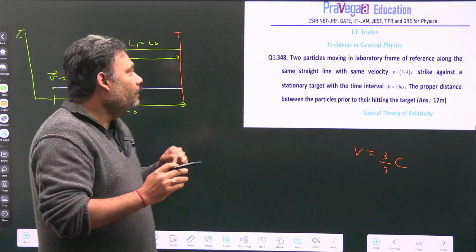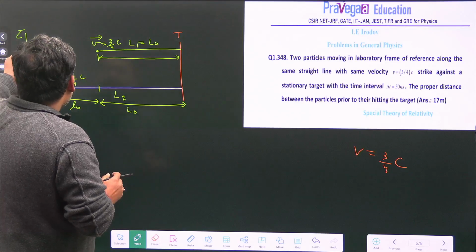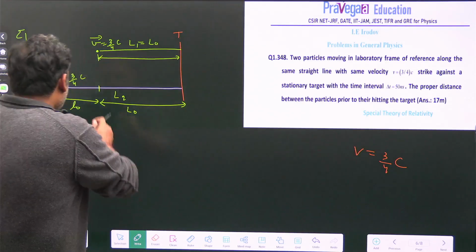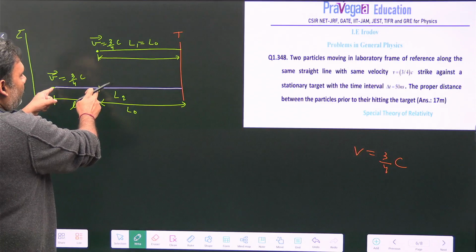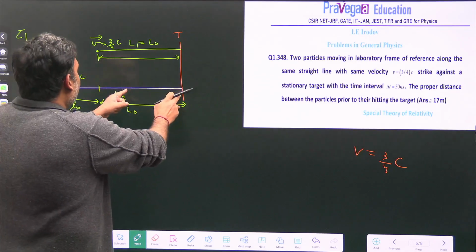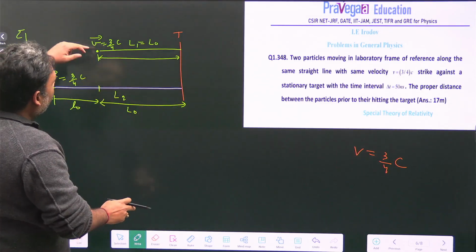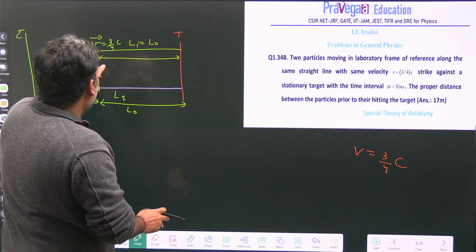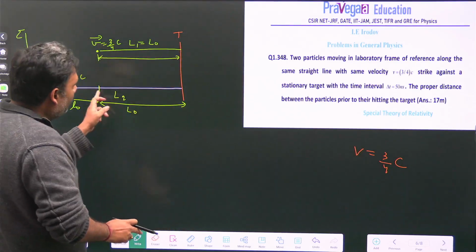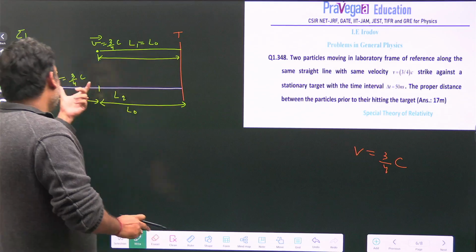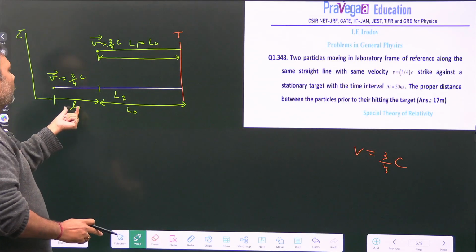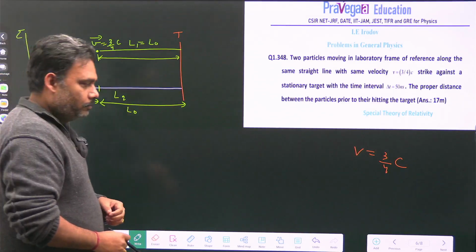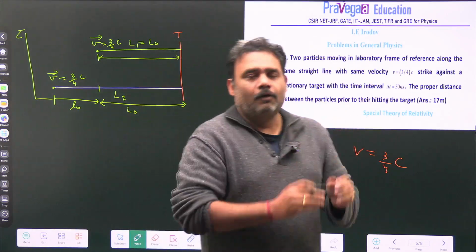If we are seeing with respect to sigma, this length will always remain the proper length before hitting the target, because at the same time this particle will also move this length, and this particle will also move this length. So the remaining length is this one. We have to calculate the value of L naught, and this will always be there.